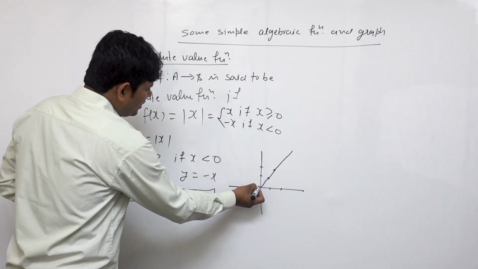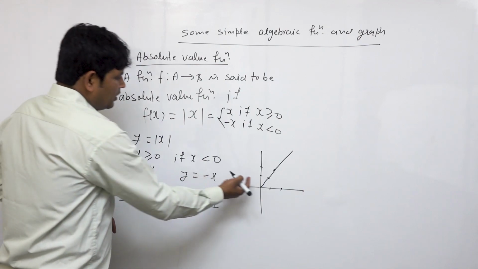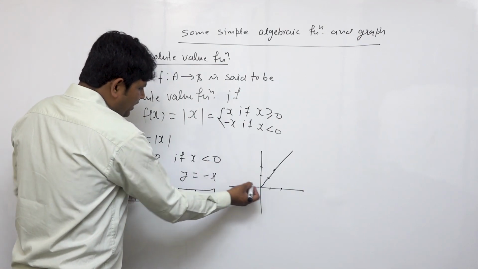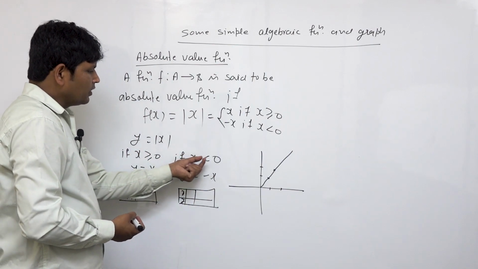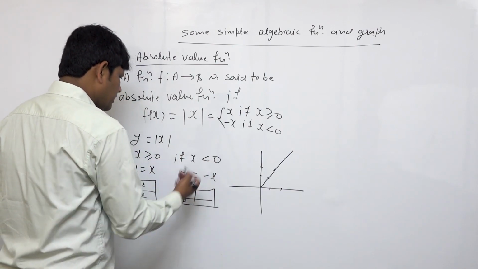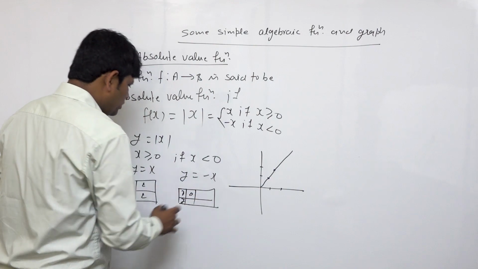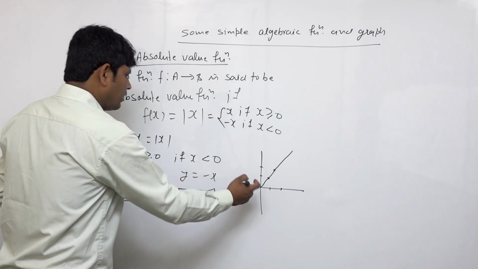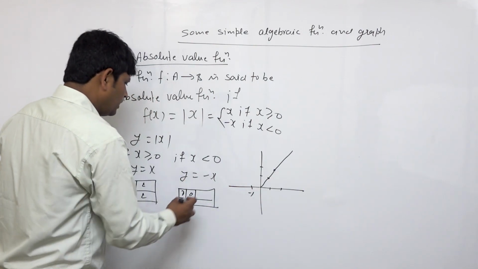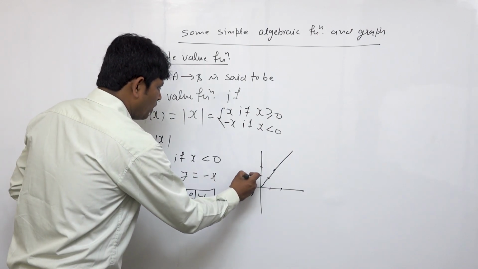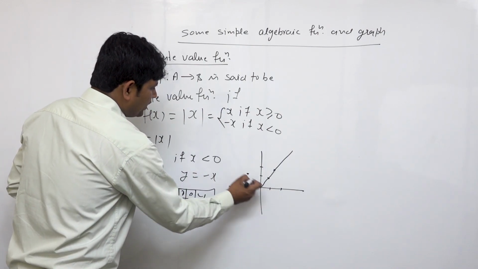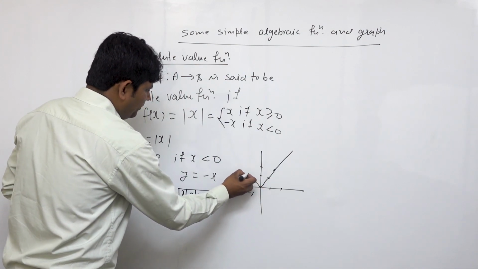We can take another value, x is minus 1, so y is 1 there. So one point is here, another point is here, so we can draw the graph.